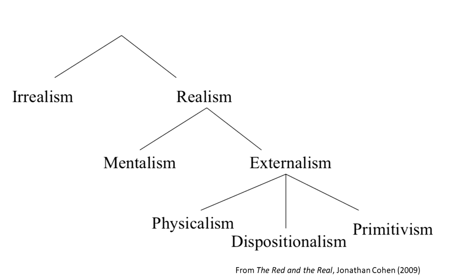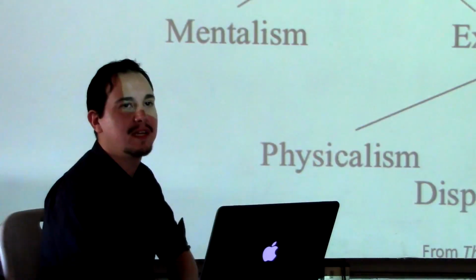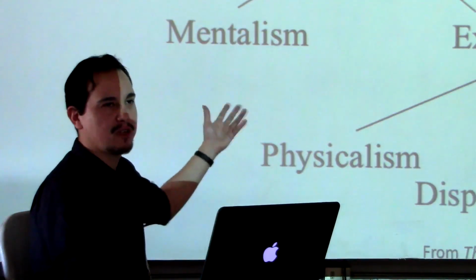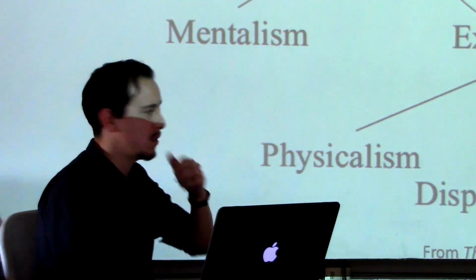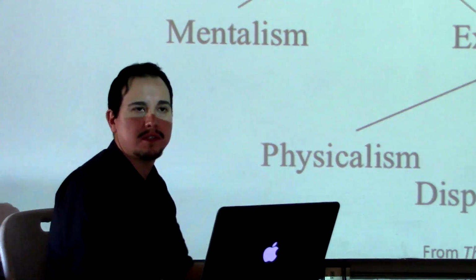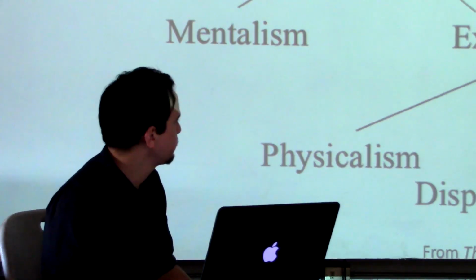Obviously, there are a lot of arguments in favor of each of these theories. I took this from Jonathan Cohen's book, The Red and the Real. He actually proposed a different space of options than this one, but this is the classical one. So this is what you will mostly find in books.